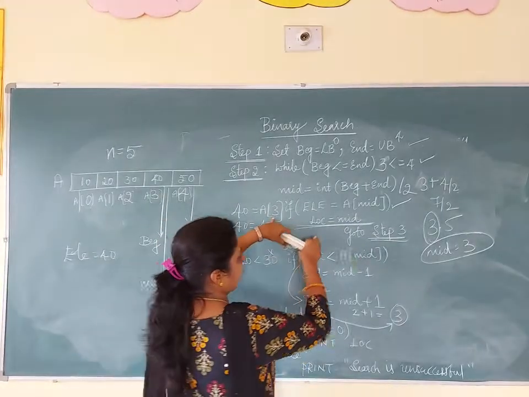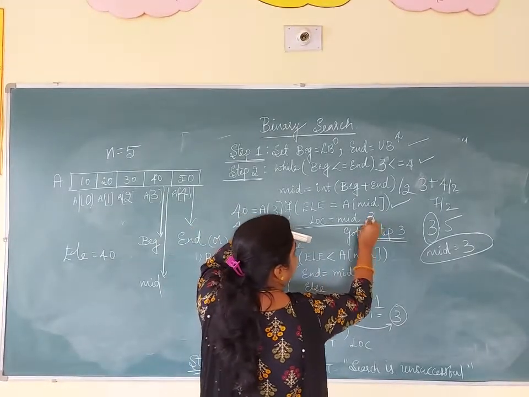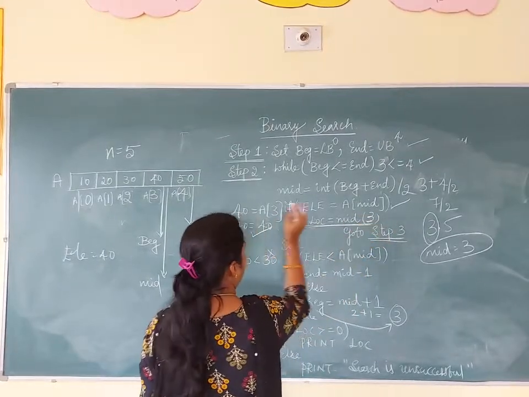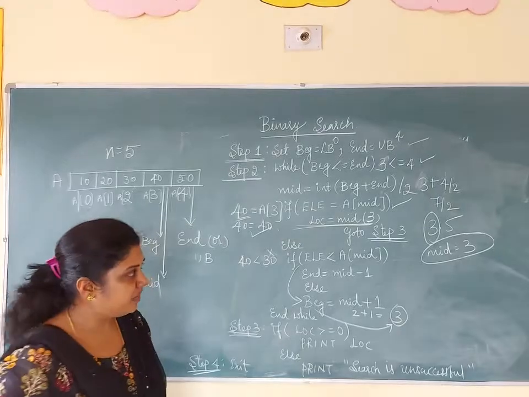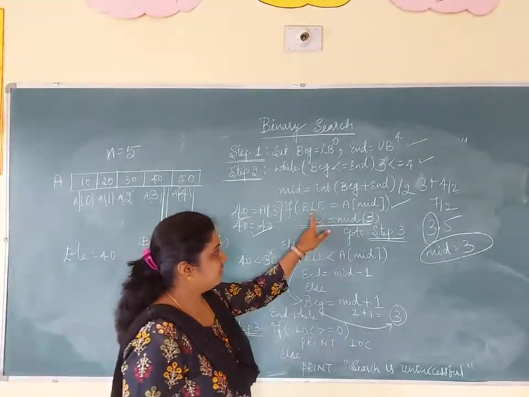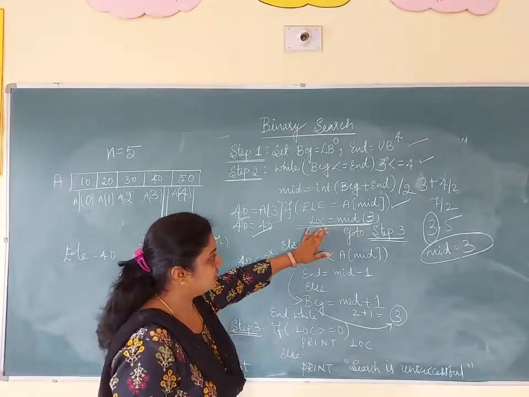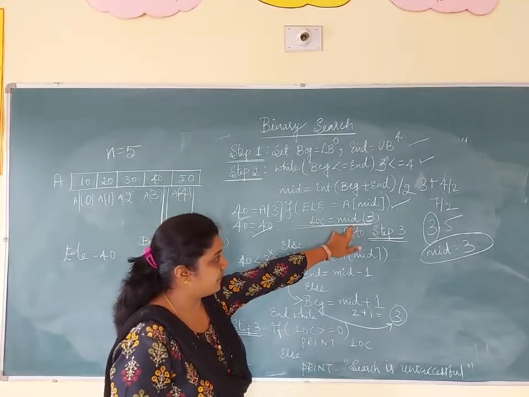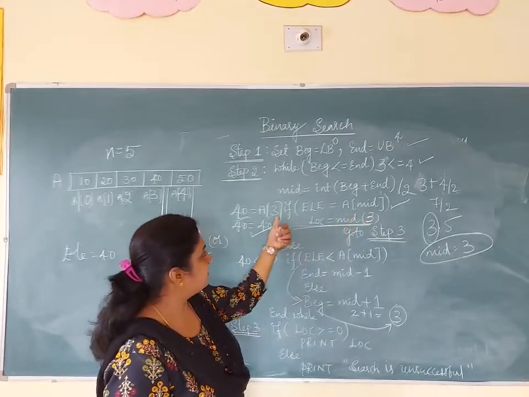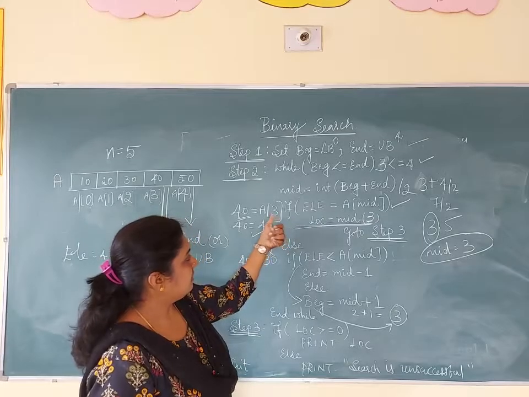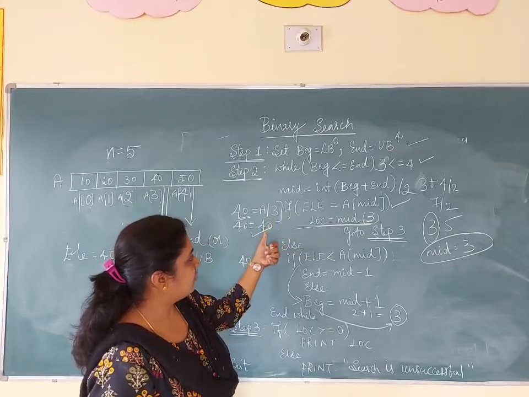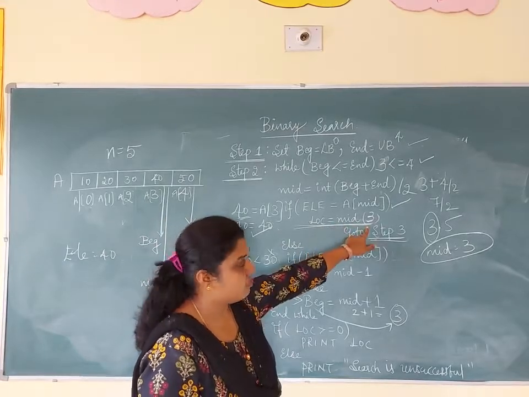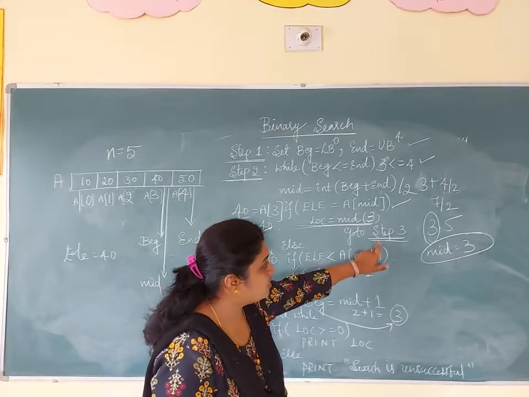So in the third location I can find the element 40. So the location will become 3. Then go to step 3.